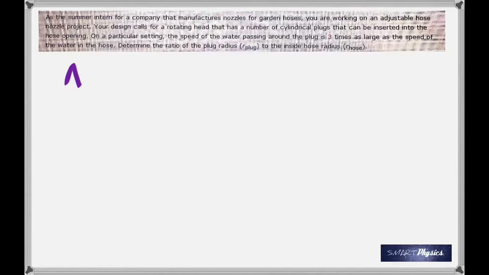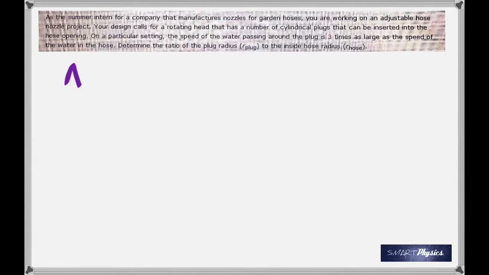It's about a company that manufactures nozzles for garden hoses, and you're working on an adjustable hose. Your design calls for a rotating head that has a number of cylindrical plugs that can be inserted into the opening.